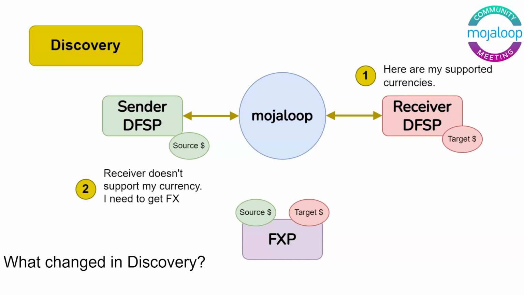We've extended this to also include supported currencies. So when that account is confirmed and the personal information against that account is sent across to the sender DFSP, the supported currencies are provided as well. So then the sender DFSP can identify that this can't be done with a normal transfer because they don't support that currency. They need to now, in fact, do a Forex transfer.